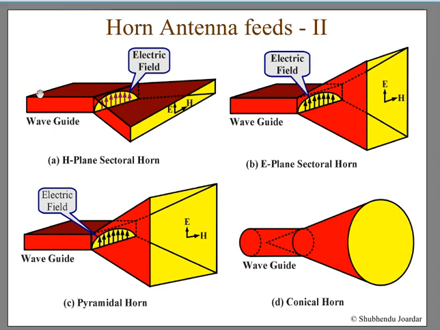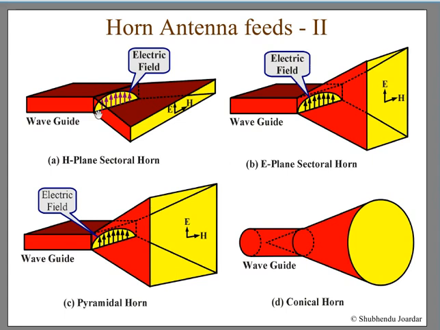Okay, so this is your waveguide, this portion. The waves come from this side and enter into the horn. Horn is this area. You can see that this is the electric field intensity at any instant of time entering into the waveguide.